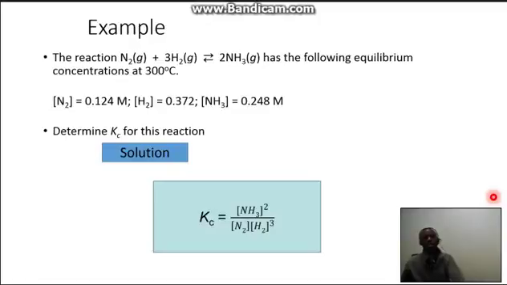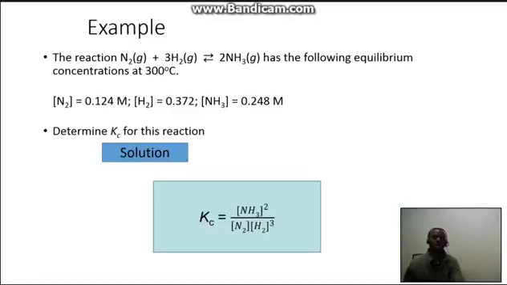The concentration of hydrogen is 0.372 molar, and the concentration of ammonia is 0.248 molar. Determine Kc for this reaction.